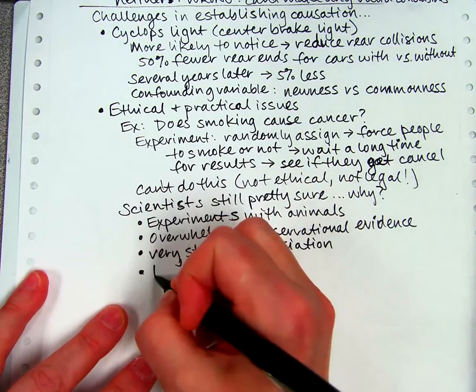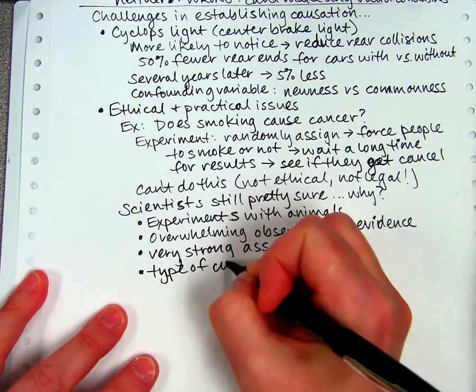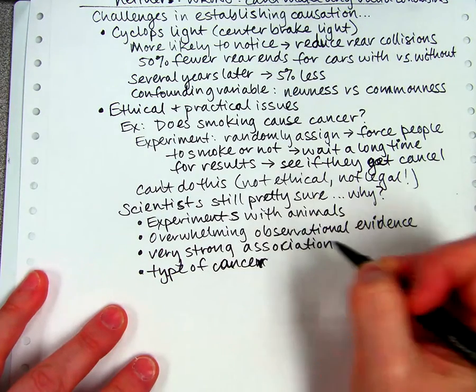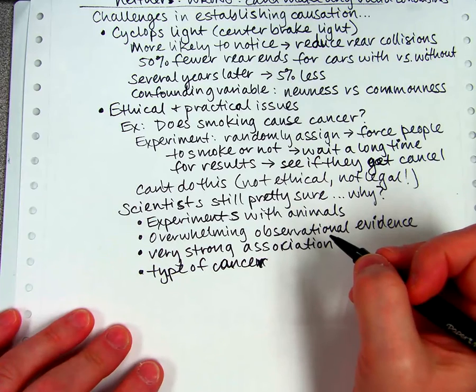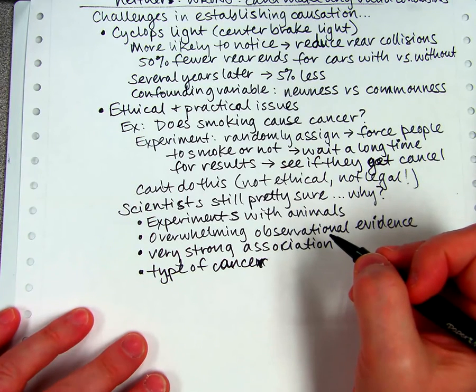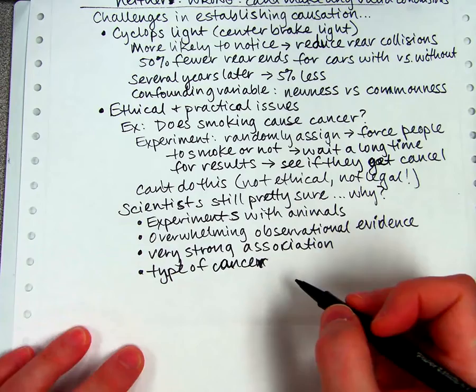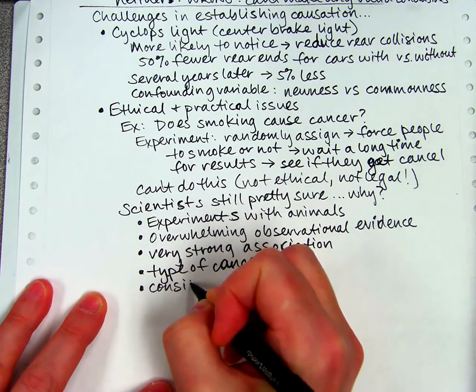The type of cancer makes a difference. Lung cancer is more common in smokers. Cancer of the mouth and throat is more common in people who chew tobacco. And so the fact that the cancer happens in the part of the body that is near where the tobacco was causes that. It's very consistent and replicable.